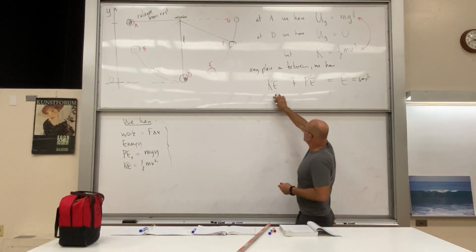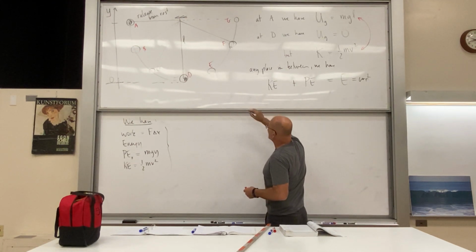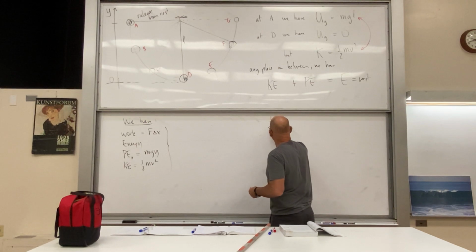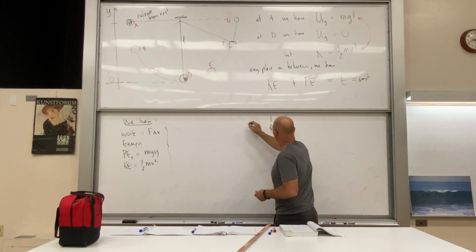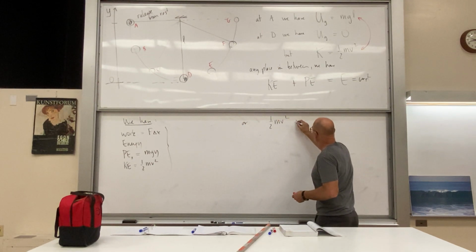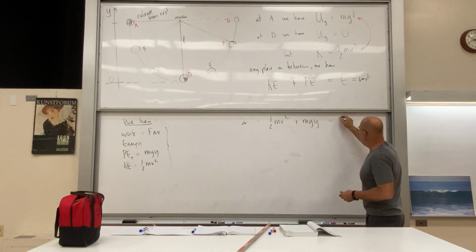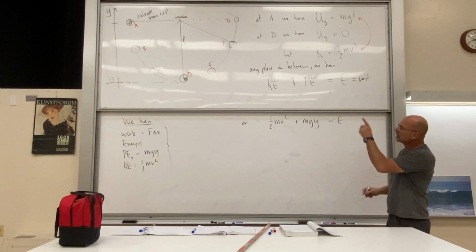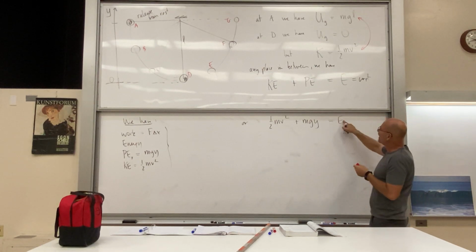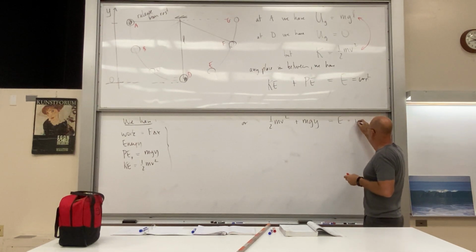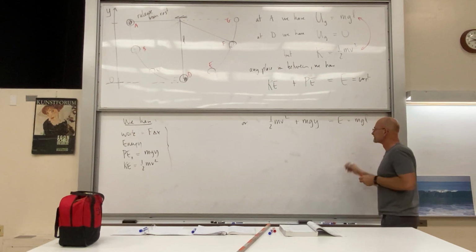So what do we mean by this? Any place in between, we have 1/2 mv squared, plus mgy equals this constant. But because we started out at the top, that constant was the work at the top, which was just mgL.